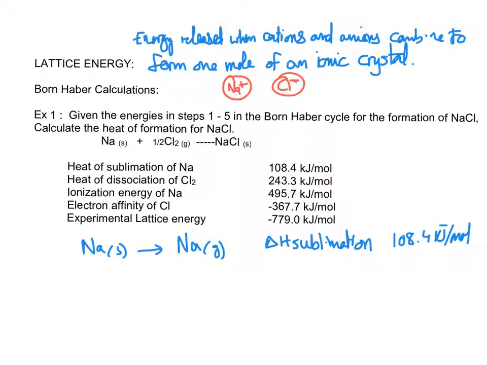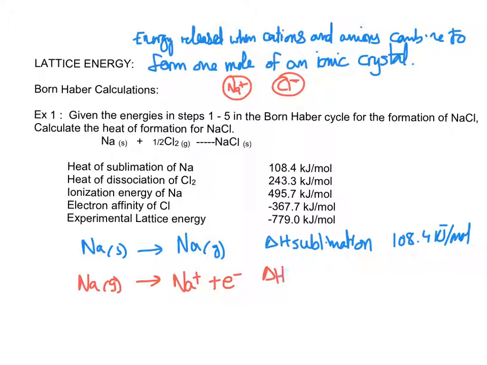Next, now that my sodium is in the gaseous phase, I can now remove an electron to form sodium ion. So I can take my sodium in the gaseous phase and I would add energy to it in order to get sodium ion plus an electron.